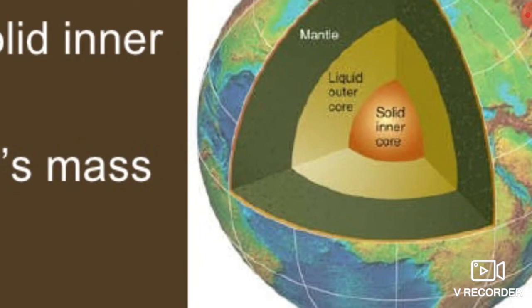The behavior of outer core is like liquid, and the most central part or inner part of the earth is inner core, and this inner core behaves like a solid. Actually this is not a solid, but due to intense pressure because of overlying rocks or materials, this layer behaves like a solid.